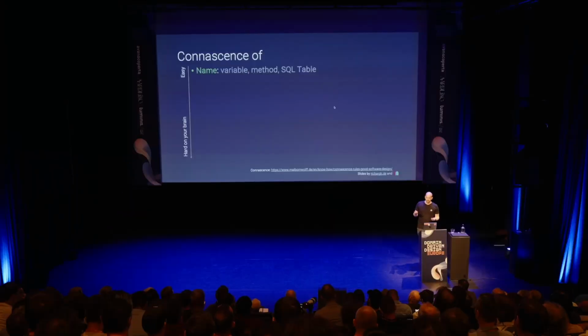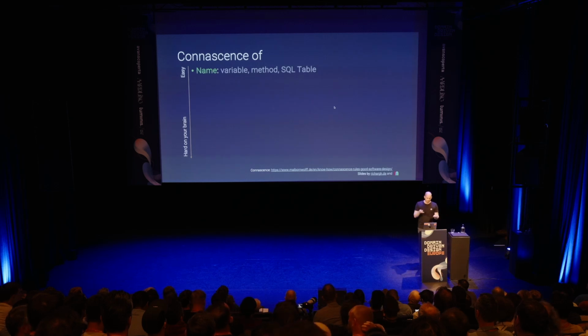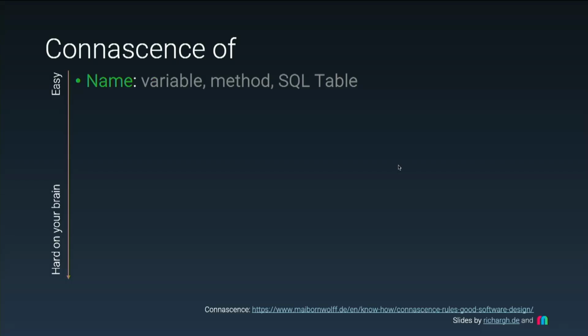At the top are the ones that are very easy for your brain to understand, something like name. If I have a variable called, I don't know, author, and I use this author variable in some other place, that's a connaissance of name. It's very simple. It can also be the name of a SQL table, so it doesn't really have to show up as static imports.